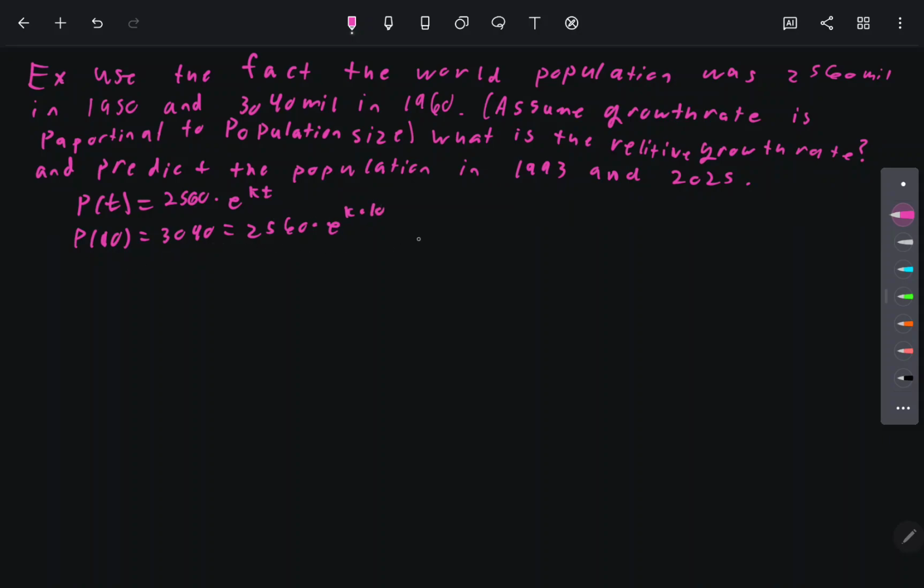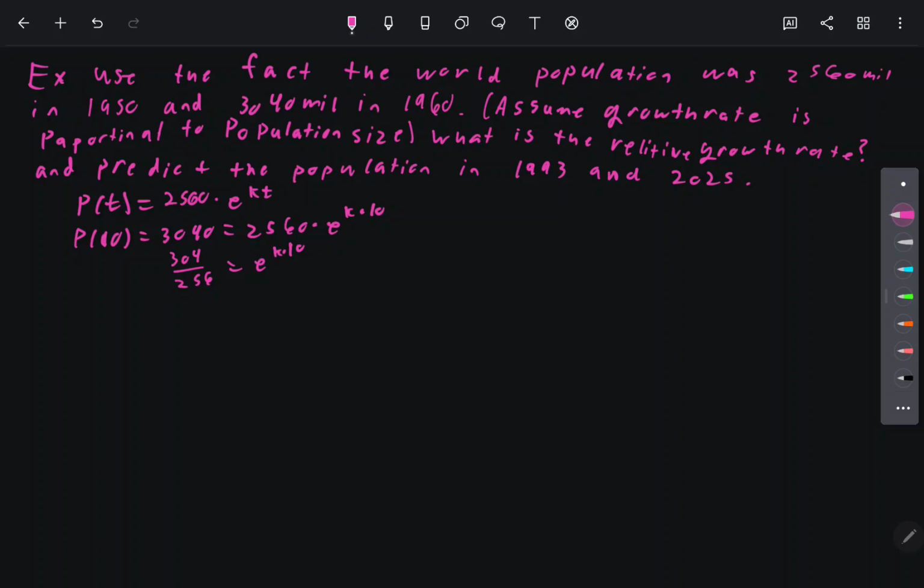Now what we want to do is solve for this e to the k times 10, and we get 3,040 divided by 2,560, which I guess we can simplify to 304 over 256. All right.